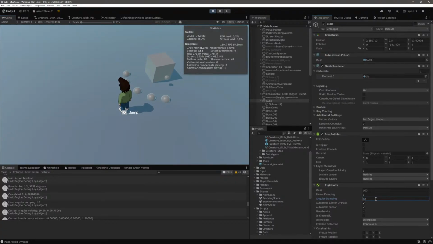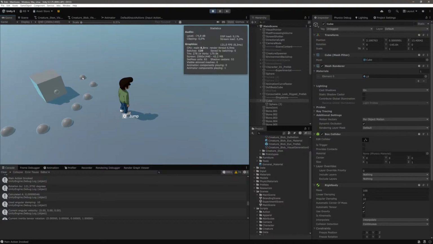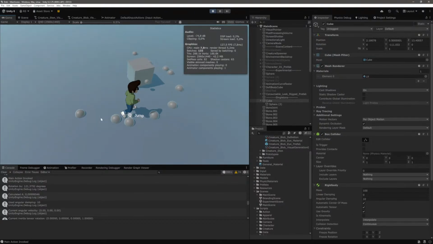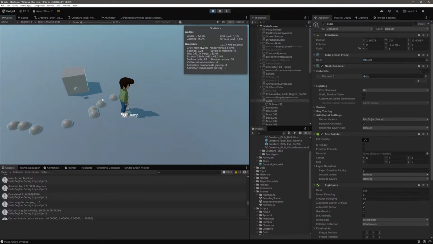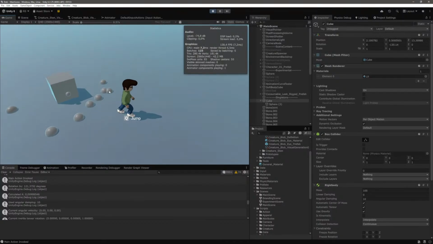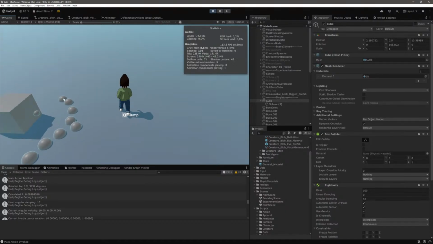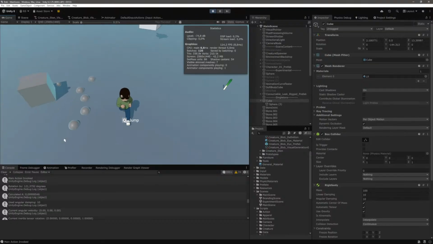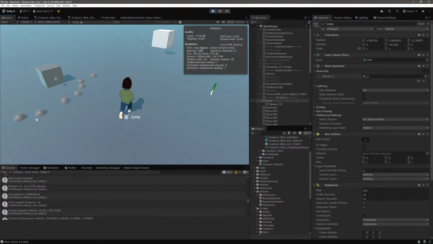So does more angular damping. This one we don't take into account at all, I don't think. No.